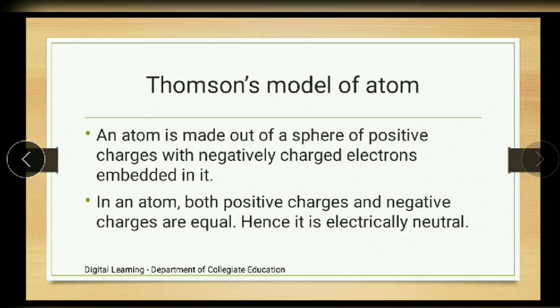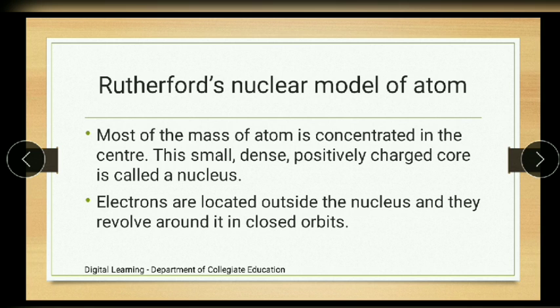Then came Rutherford's nuclear model of the atom. According to this model, most of the mass of the atom is concentrated in the center. This small, dense, positively charged core is called the nucleus. Electrons are located outside the nucleus and they revolve around the nucleus in closed orbits.